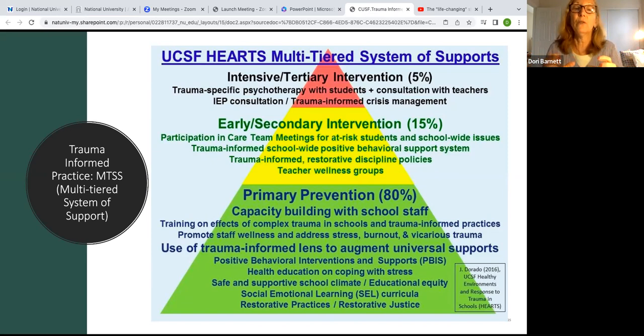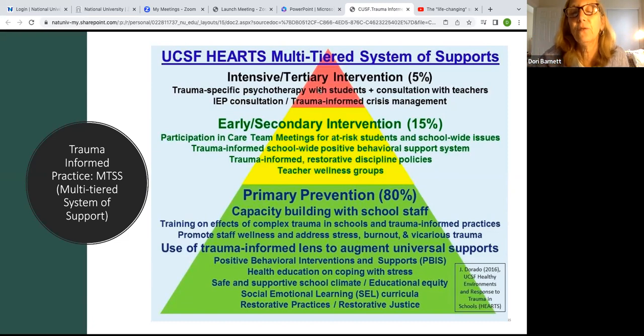So having those teams that meet regularly and address the needs of students who have a trauma background or who are at risk for behavior and mental health concerns. Again, at tier 2, restorative practice might be having restorative conference groups and more directed, targeted support groups for students that are at risk.